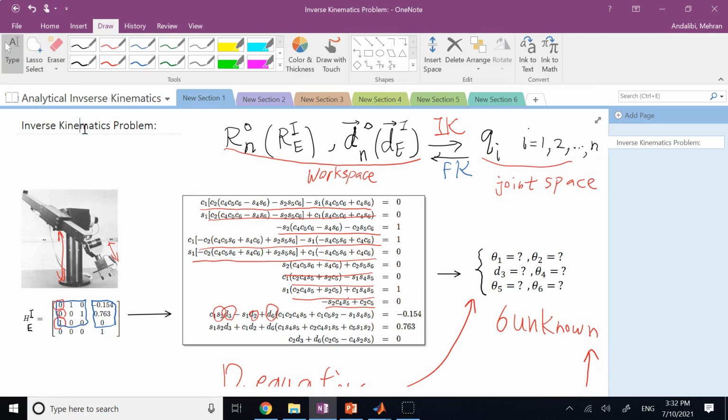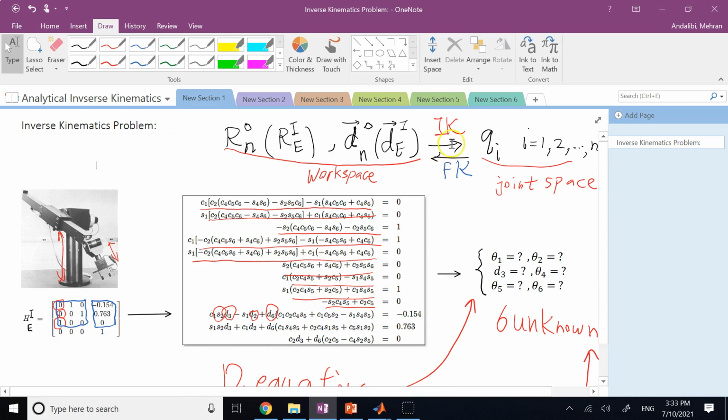So analytical inverse kinematic solution in general is not always possible. For some specific conditions, it is possible. We'll talk about it and we'll see when. And we provide some examples here. But this is not the task we can always do because it involves highly nonlinear coupled set of equations together.